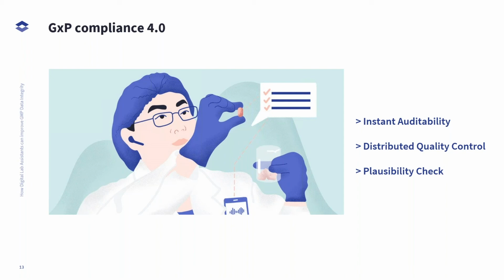Is it plausible that the user has captured these 5 weighings in 1 minute, for example? And this is where the latest cutting edge technology, from my perspective, can really help in future. With the help of neural networks, with the help of artificial intelligence, these systems will be able to identify those plausibility errors before they arise during an audit for the inspector, before the warning letter will arise. Right?